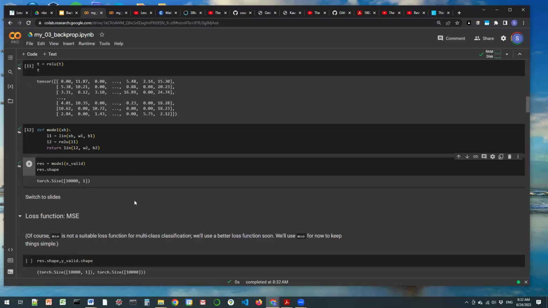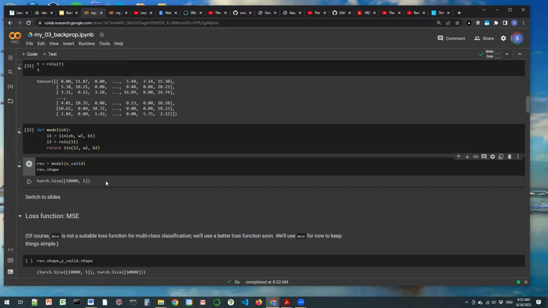Okay, so switching back to the slides, for simplicity, let's assume the loss function, and we'll talk about the purpose of the loss function later.